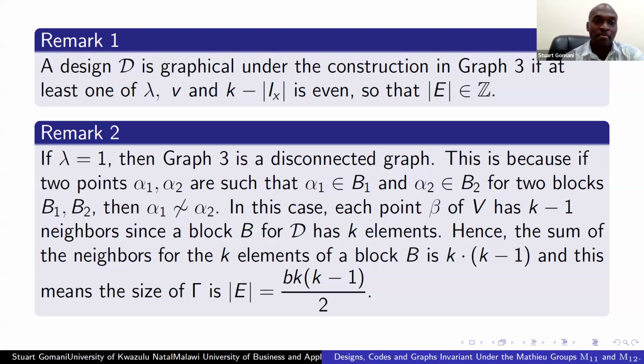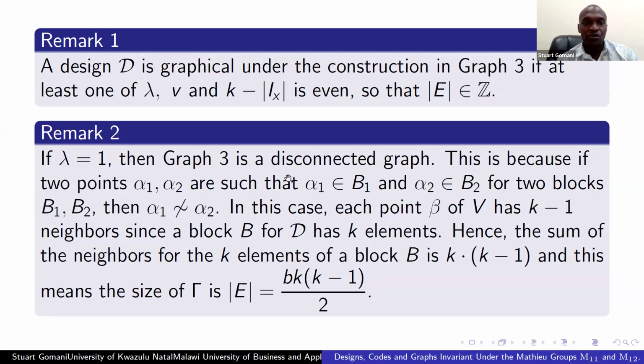It's a disconnected graph. Because if you have been following graph 3 the way we have constructed it, if you pick any two vertices that are in different blocks, then those two vertices would not be adjacent. So obviously that changes the degree of an arbitrary vertex. The degree will become k minus 1, and so on. Because of the fact that it's disconnected, it means we are losing edges at each successive vertex.